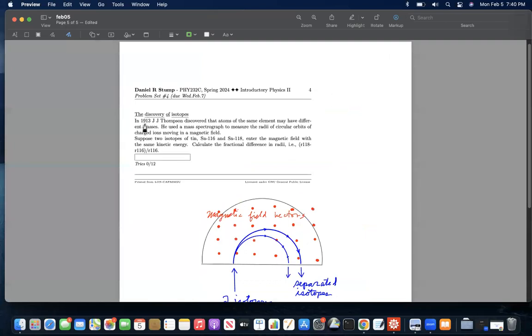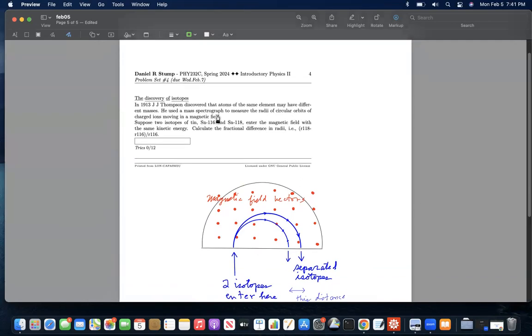Okay, in 1913, J.J. Thomson discovered that atoms of the same element may have different masses. Those are called isotopes. He used a mass spectrograph, which again is just a beam of particles in electric and magnetic fields to measure the radii of circular orbits of charged ions moving in a magnetic field.